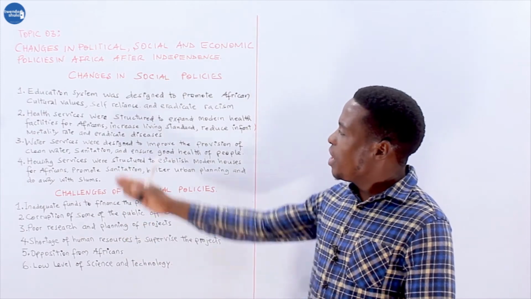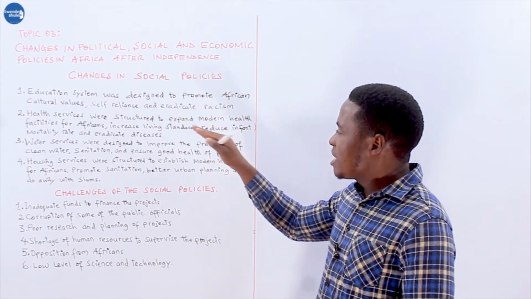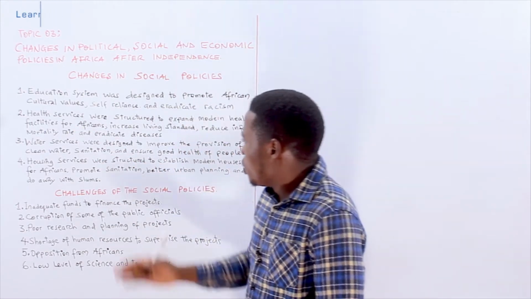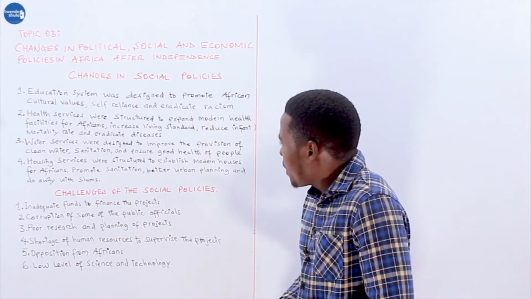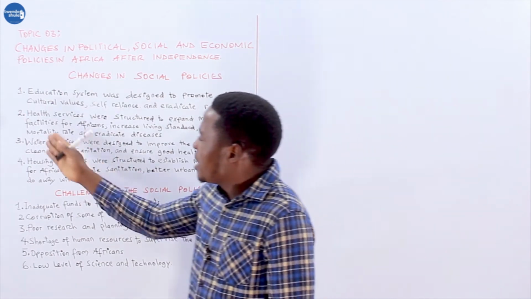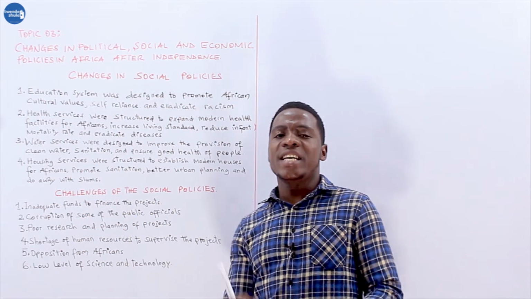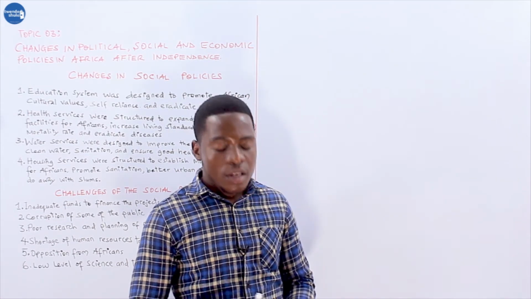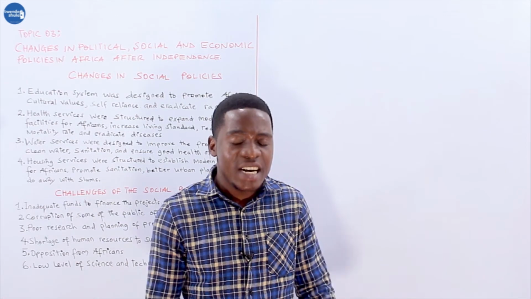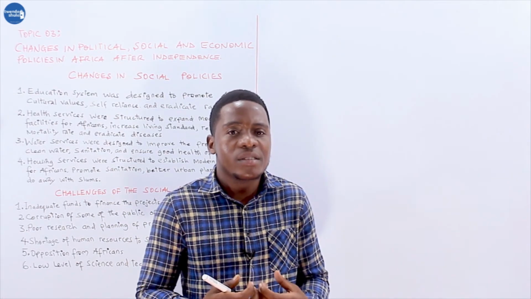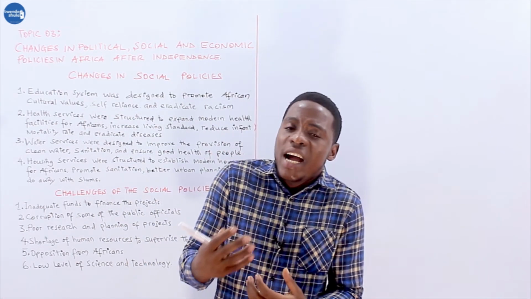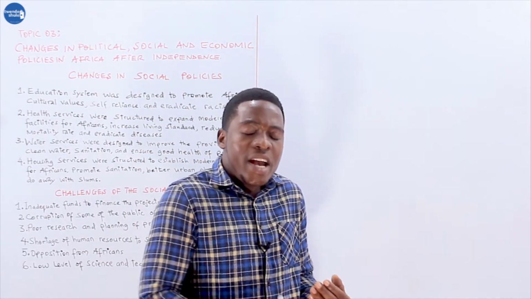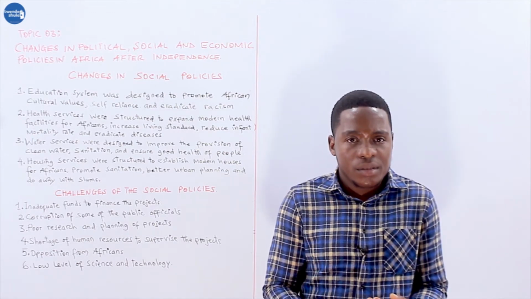At that time, health services were structured to expand modern health facilities for the Africans, to increase the living standard of the Africans, to reduce the infant mortality rate, and to eradicate diseases. So the African states were to restructure their health services so that Africans would be able to access modern health facilities.